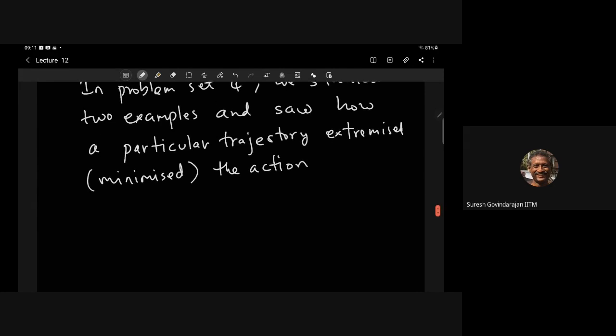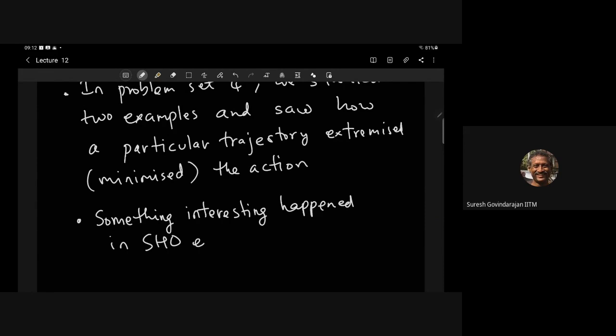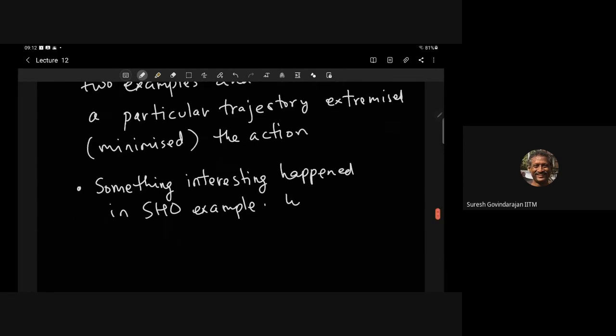Okay. And in the harmonic oscillator problem, there was something interesting. In the simple harmonic oscillator example, we found, what did we find? We found that the solution was not unique.